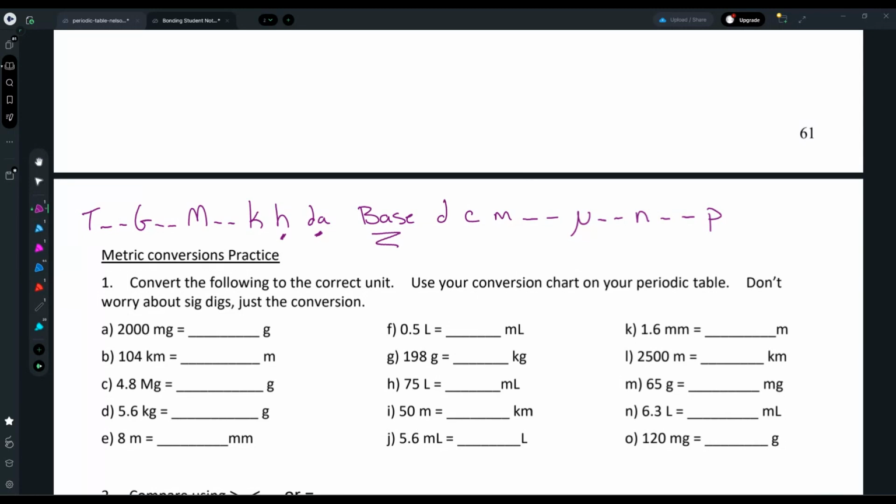Most of the time, base units are represented by one letter as an abbreviation, for example meters, liters, grams. But there are exceptions to that, like base units in chemistry could be moles. So just a heads up on that. D stands for deci, centi, milli, micro, nano, pico.